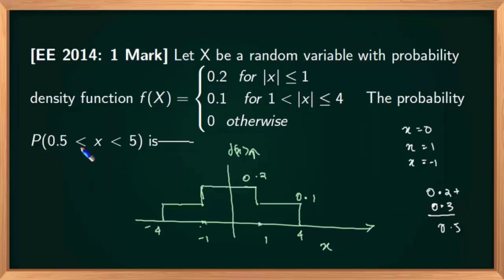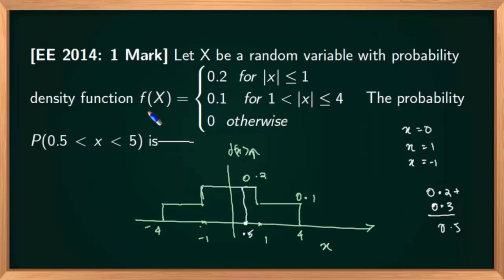Now the question is to find the probability that the random variable takes value between 0.5 and 5. So this is the 0.5 point. Now only up to 4, when I want to find the probability that a random variable takes a particular value in a limit, what I am going to do is within that limit I am going to integrate the PDF.